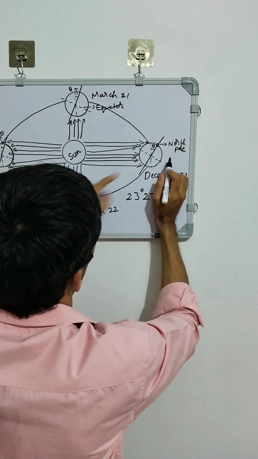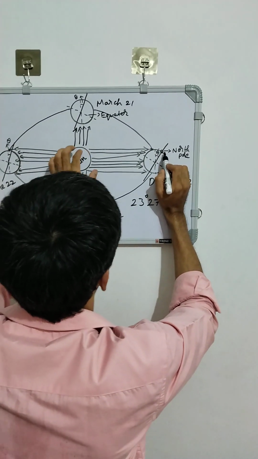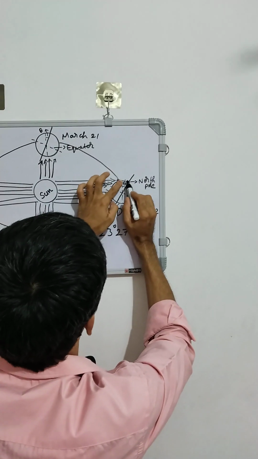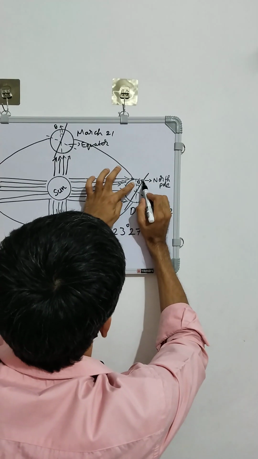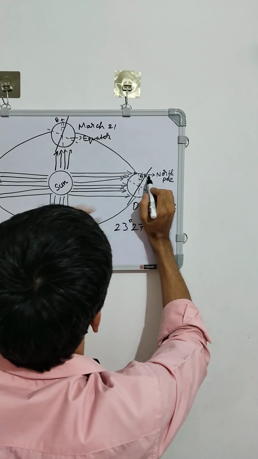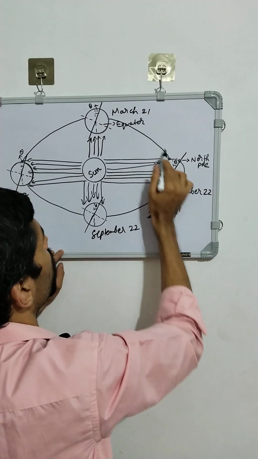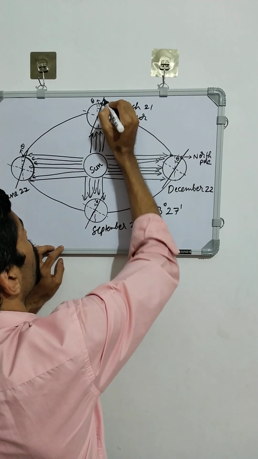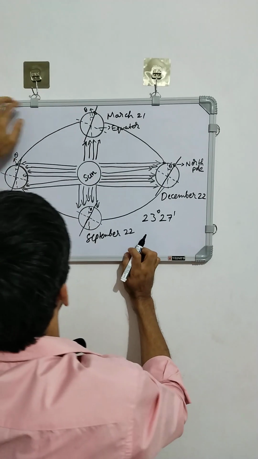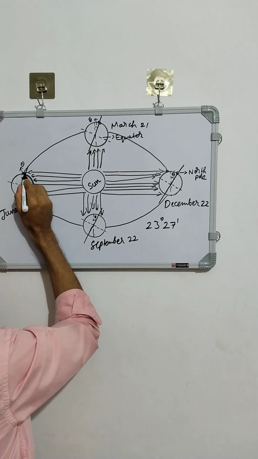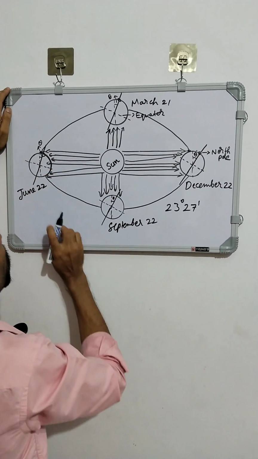Even if the Earth completes one rotation around its axis, the rays of the sun will not reach here. So this will be under perpetual darkness, and as the Earth moves and comes here, then also it will be under darkness only. Only when the Earth comes to this position will it get some sunlight.